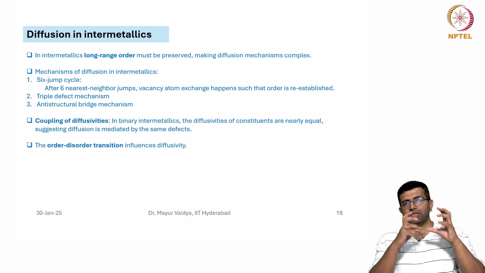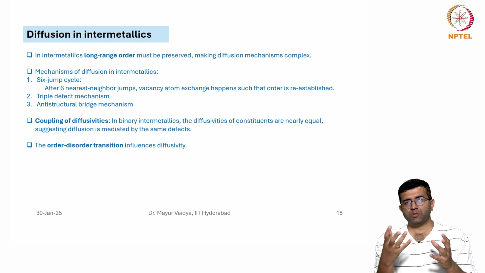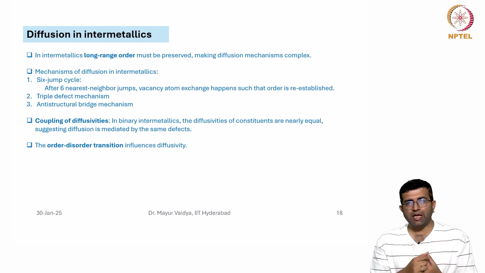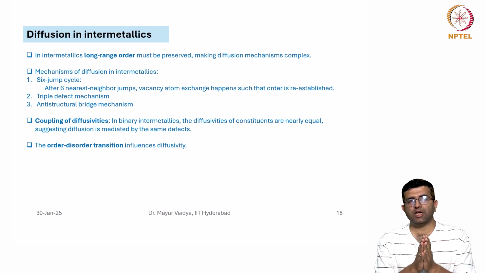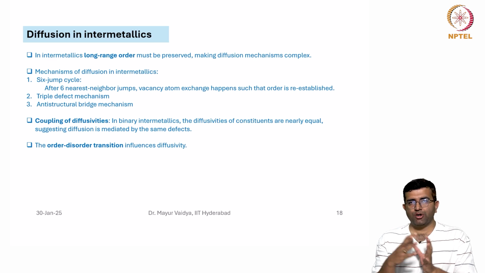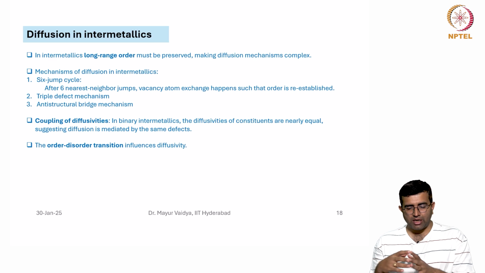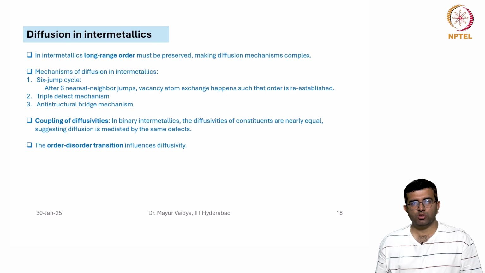And because in these mechanisms both the constituent species are involved, let's say in binary intermetallics, it gives rise to what is known as coupling of diffusivities, which means the diffusivities of constituents are nearly equal. We also saw that the order disorder transition that happens in certain intermetallics influences diffusivity. Typically, the ordered structures show high activation enthalpy for the diffusion.